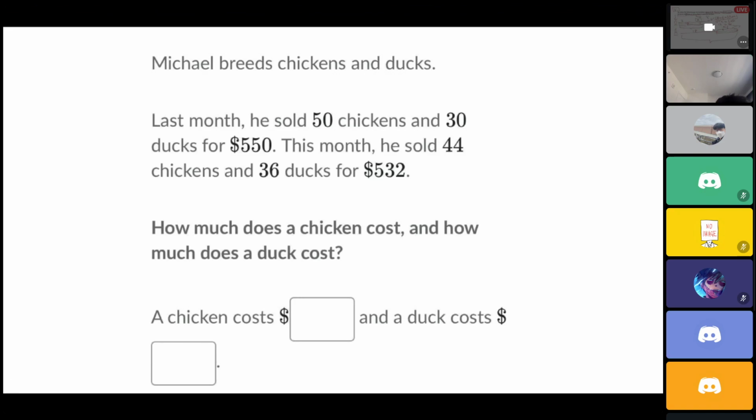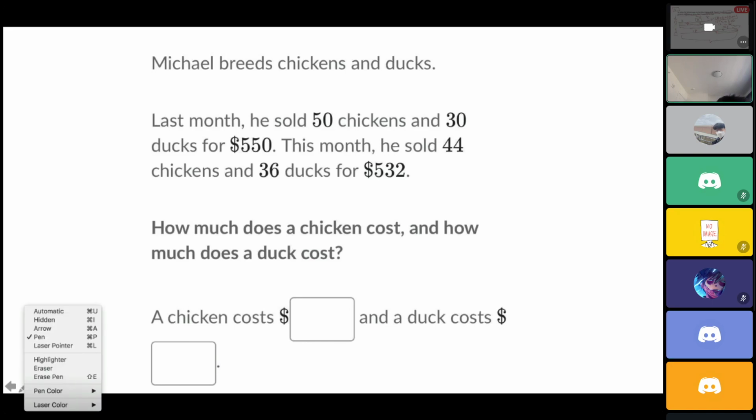Okay. So the chicken costs $8 and the ducks cost $5. Okay. Do you want to show how you do it? Well, I just did 50x plus 30y, and then x equals chicken, and then y equals ducks.